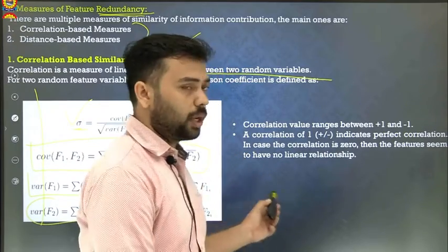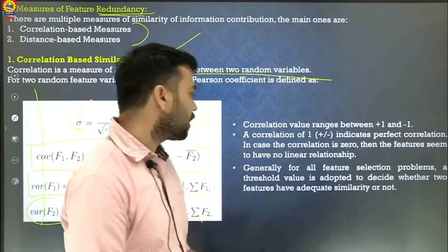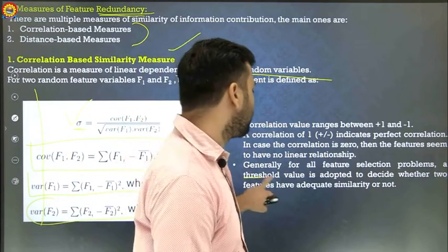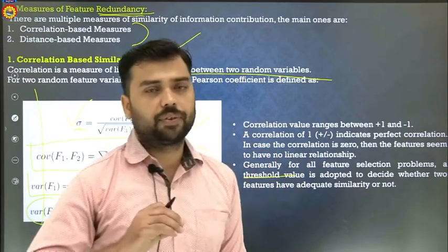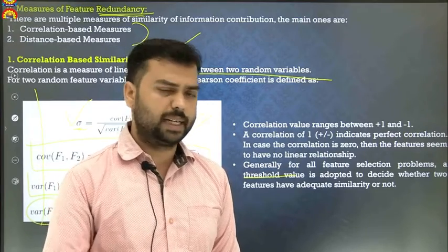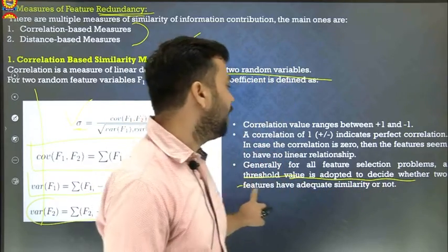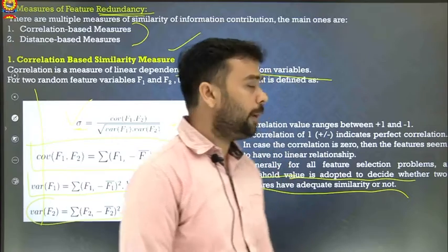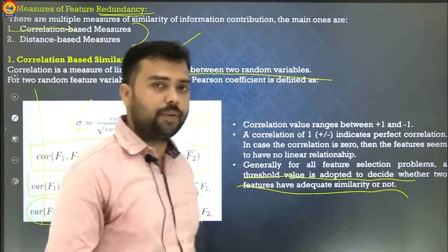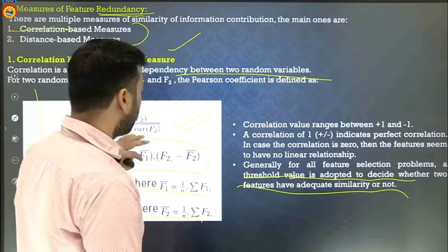So if the score is 1, then variables f1 and f2 are related variables. Generally, for all feature selection problems, we set a threshold value, a particular value. After that, if the value is computed, we can say it is correlated or non-correlated. The threshold value is adopted to decide whether two features have adequate similarity or not. So the first way is the correlation based measure, by which we take the two random variables f1 and f2 and measure their correlation using this formula.